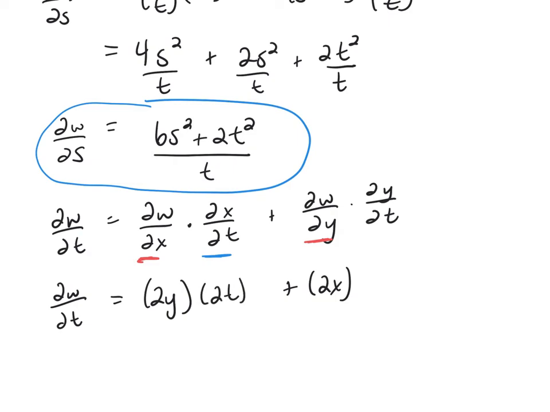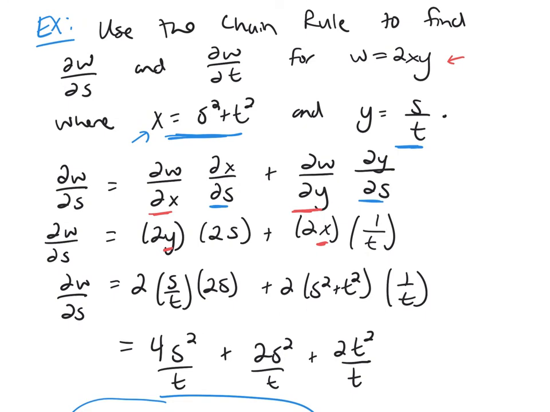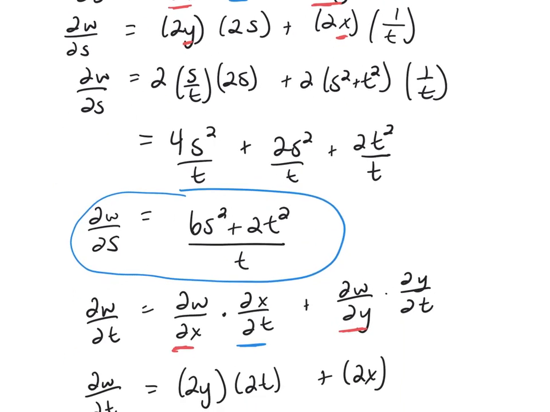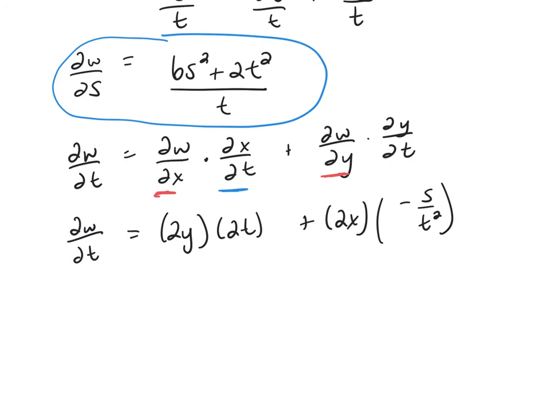And then if you go back to your y equation right here, take the derivative with respect to t, you'll get a negative s over t squared.